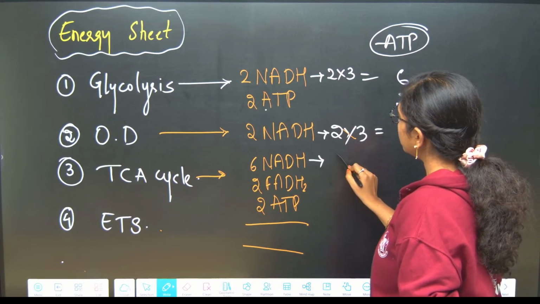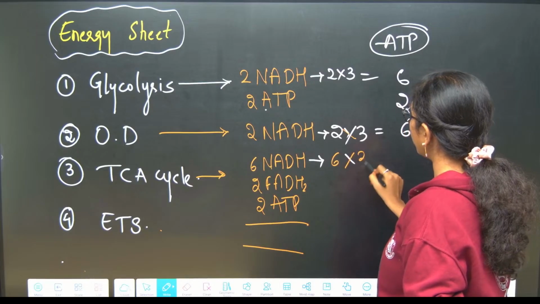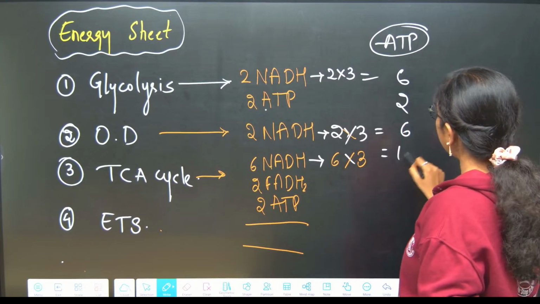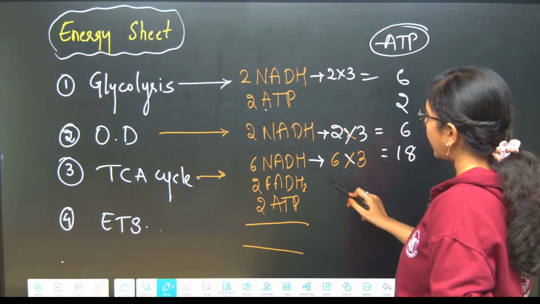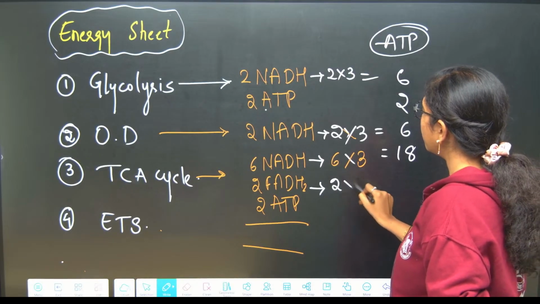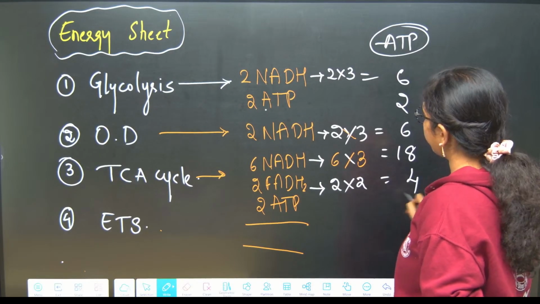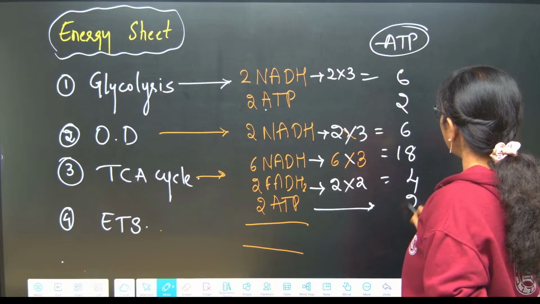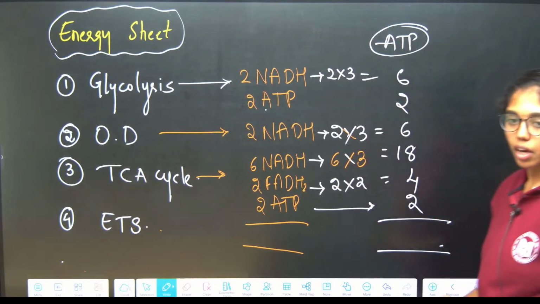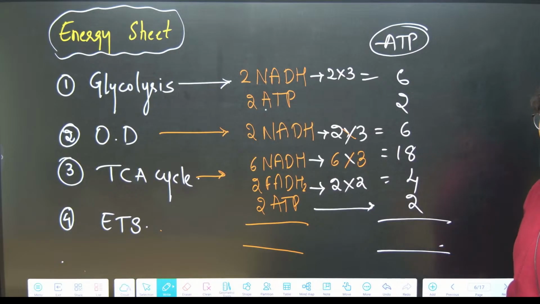Here 6 into 3, how much? 18 ATP, fine. And then 2 into 2, 4 ATP, and lastly 2 ATP. Tell me, in total how much ATP is being synthesized or released from one glucose in aerobic respiration?